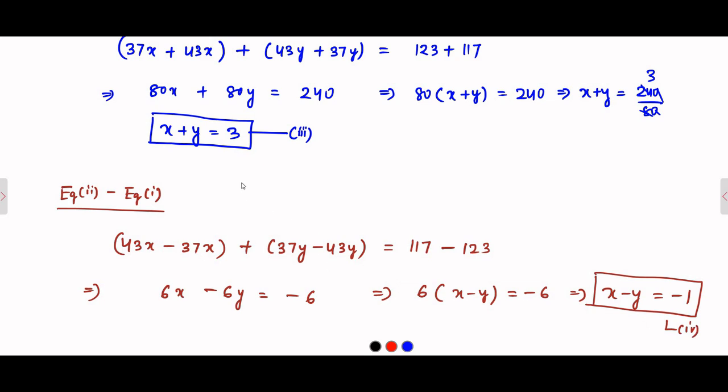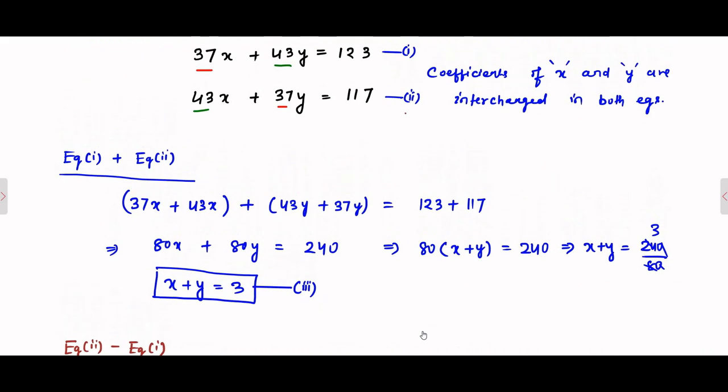So we have got two simple equations: x plus y is equal to 3, x minus y is equal to minus 1, with no messy coefficients of x and y, a simple format. Our objective here was to exploit the fact that the coefficients of x and y are interchanged.